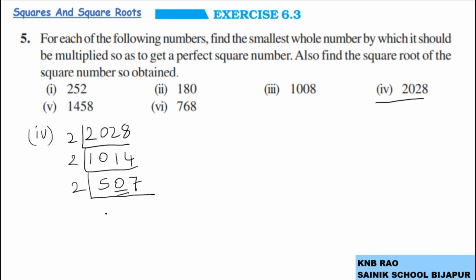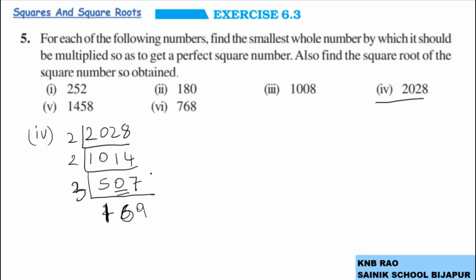So 2 2s are 4, 1 carry, 2 5s are 10, nothing is carried. First of all, this number is not an even number, so it cannot be divided by 2. So then we go for 3. 3 1s are 3, 2 carry, 20, 3 6s are 18, 2 carry, 3 9s are 27.